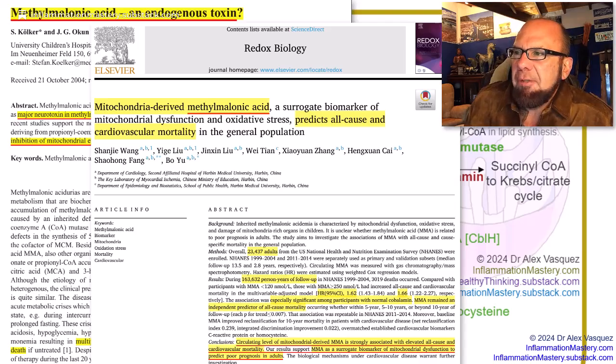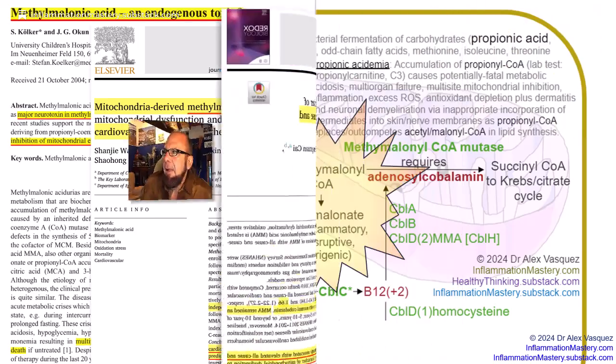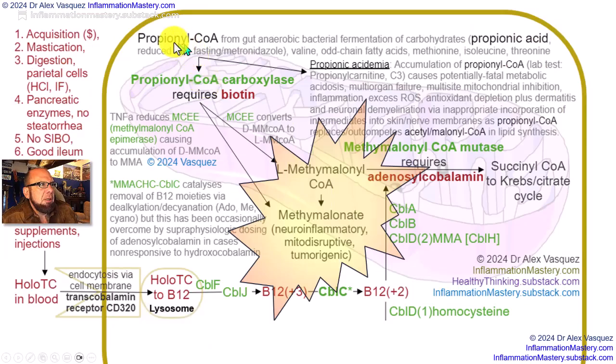The original source for L-methylmalonyl-CoA is propionyl-CoA, which comes from propionic acid. Propionic acid is produced from the gut anaerobic bacterial fermentation of carbohydrates. Also, certain amino acids, including valine, methionine, isoleucine, and threonine, and also odd-chain fatty acids. Those are the sources of propionic acid, which gets converted into propionyl-CoA.